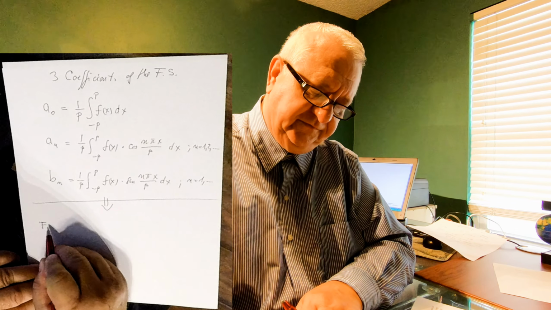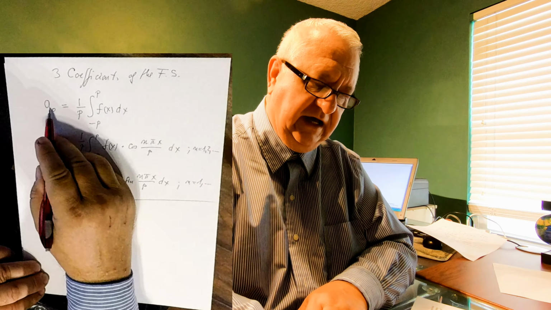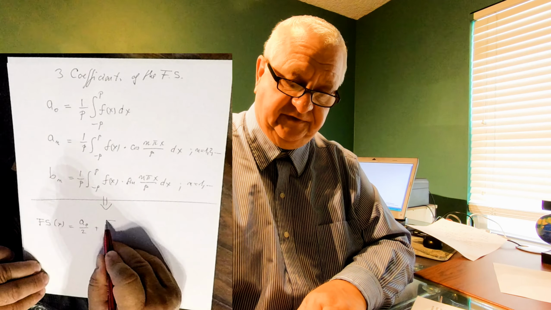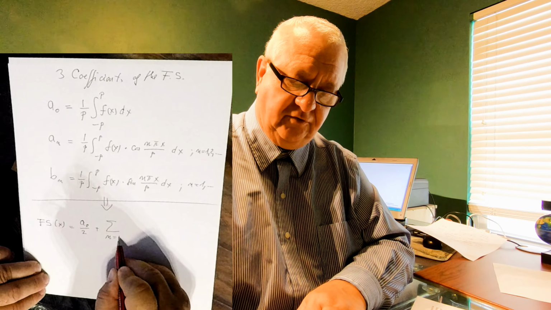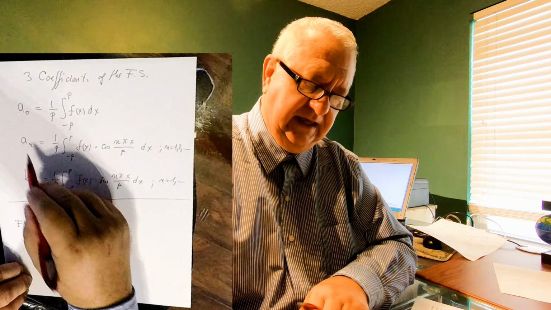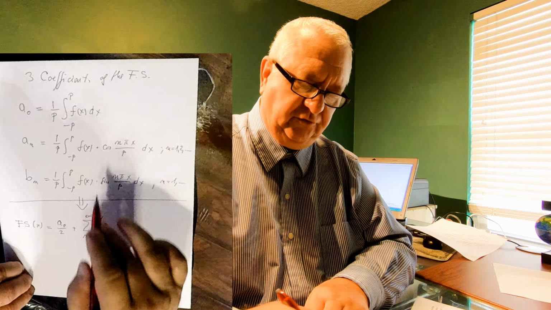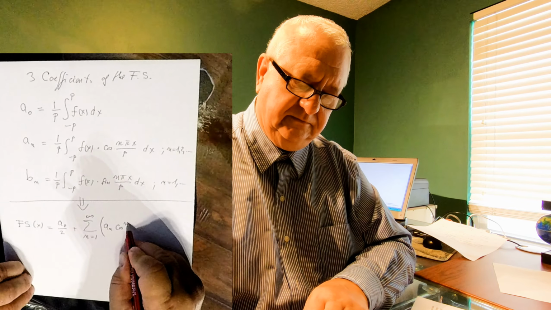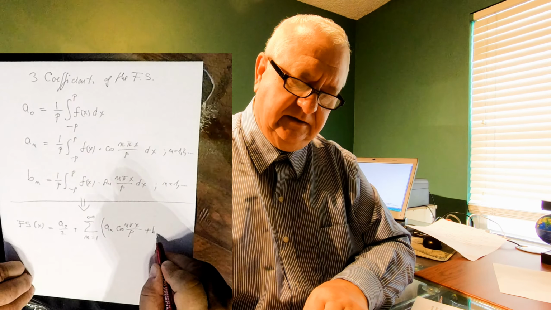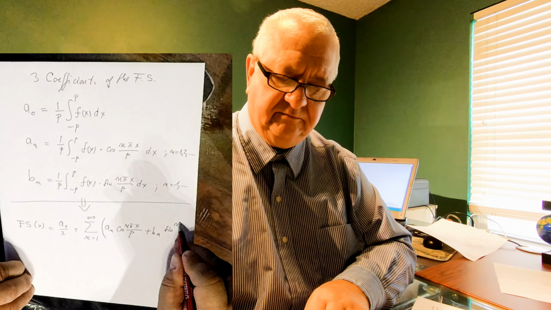The Fourier series is a function of x and is given by half of a naught plus the series itself, sum n running from 1 to infinity, parentheses, we have two terms inside, an, they are related to cosine, so just copy the cosine here, plus bn related to sine, so you copy your sine here.